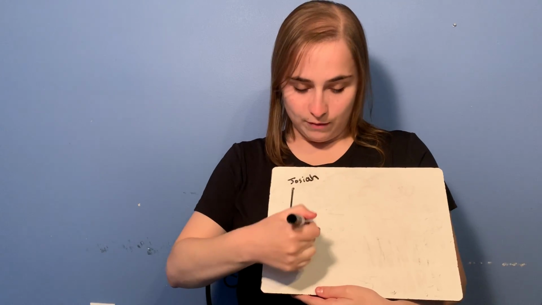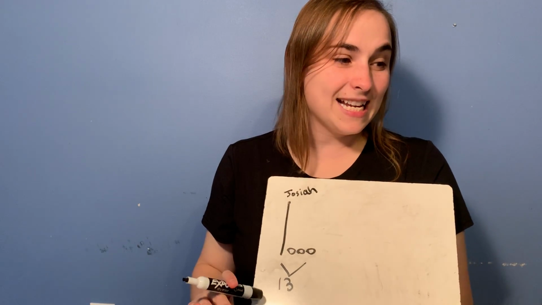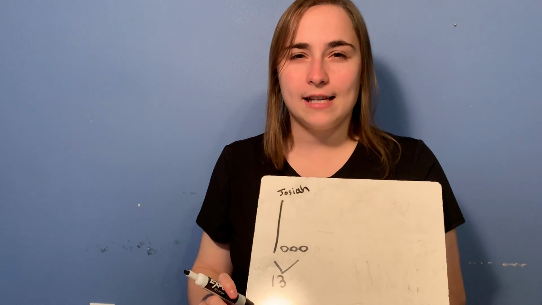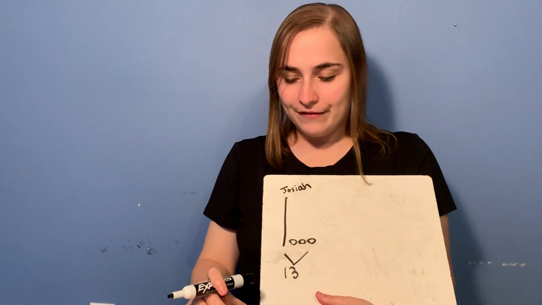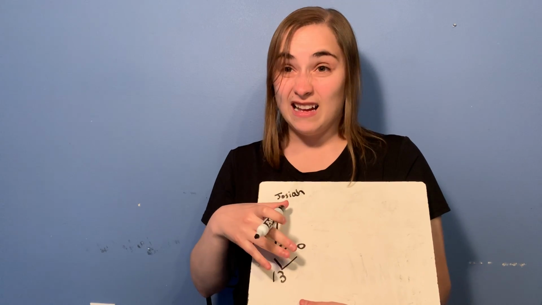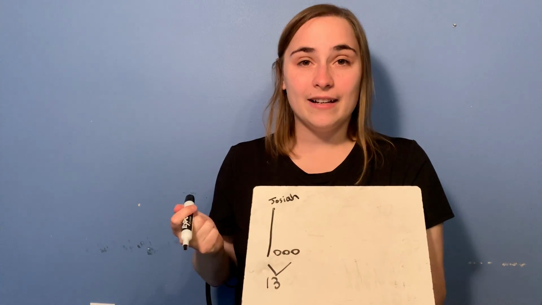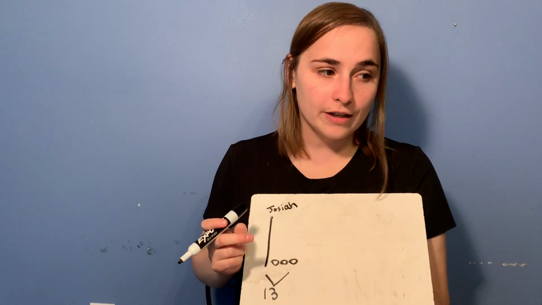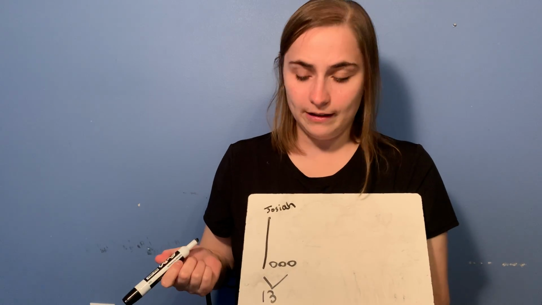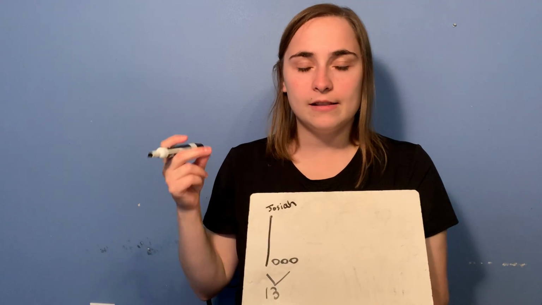10, 11, 12, 13. I also heard in the story that William has 18 more Skittles than Josiah. If he has 18 more than Josiah, that means he has the 13 and 18 more. So we're going to leave this 13, but I'm going to draw 18 more to figure out how many Skittles William has. How can I draw 18 in tens and ones?